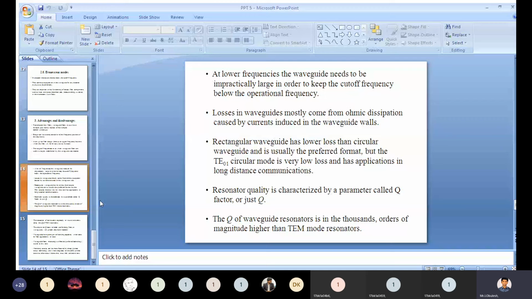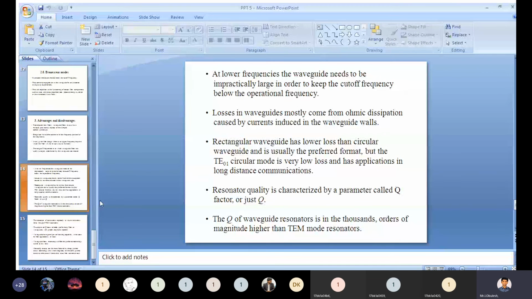The losses in waveguide mostly come from ohmic dissipation caused by currents induced in the waveguide walls. A rectangular waveguide has lower loss than circular waveguide, and it is usually the TE10 mode, but the TE01 circular mode is very low loss and has applications in long distance communication.